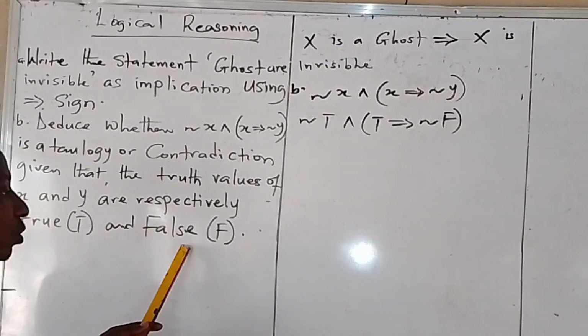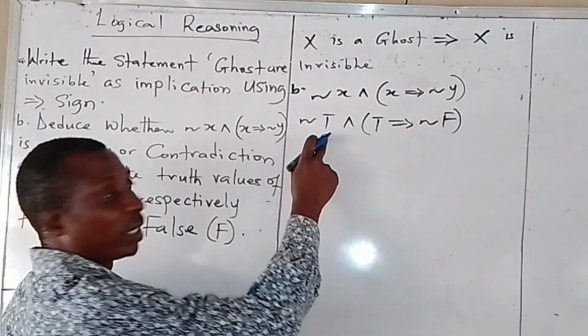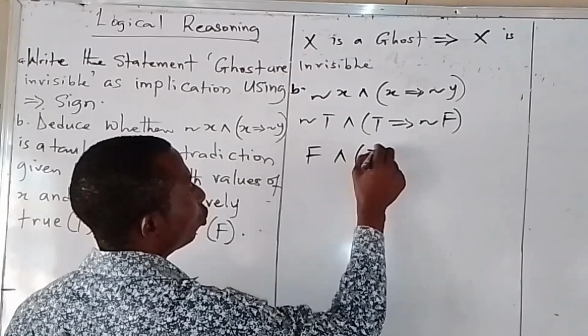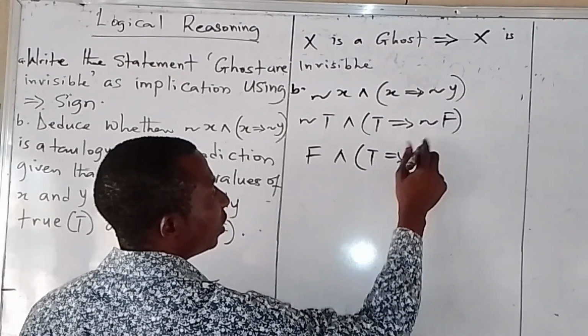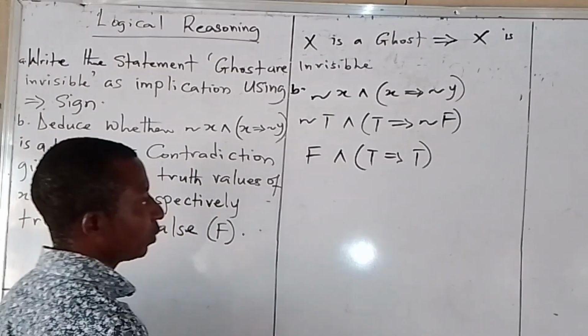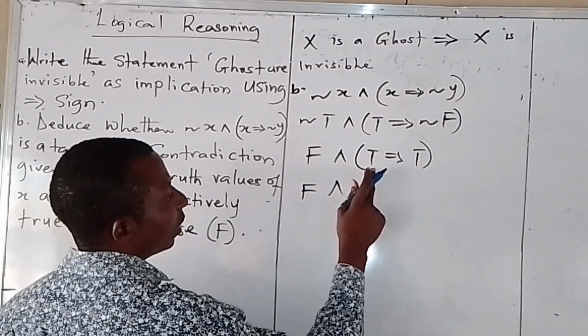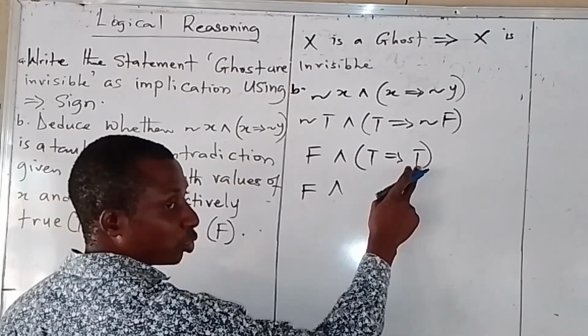Y is false. So what's the negation of true? Negation of true is false. We have false and true implies negation of false, which is true. So we now have false and true implies true, which is true.